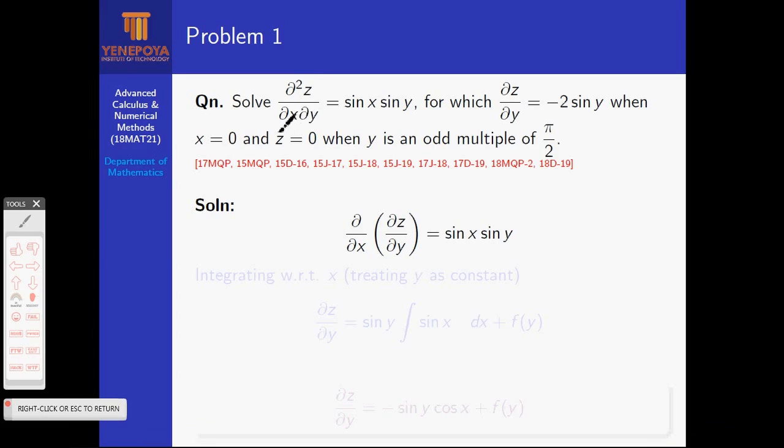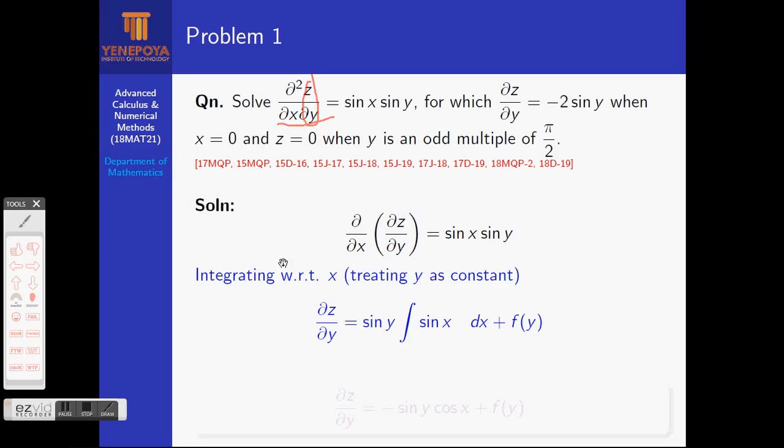First, we can write ∂²z/∂x∂y as ∂/∂x of (∂z/∂y), which is equal to sin x sin y. Integrating with respect to x, we should treat y as constant.